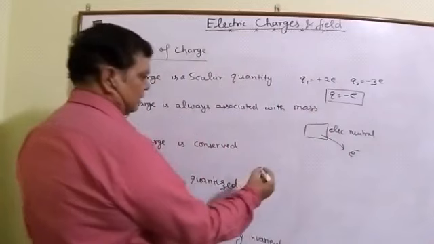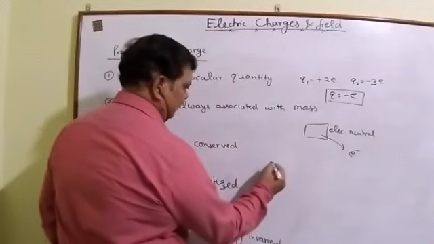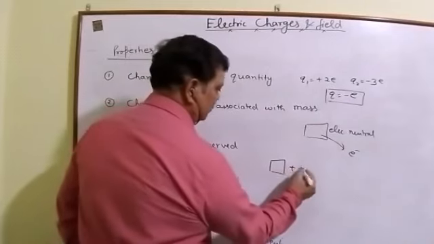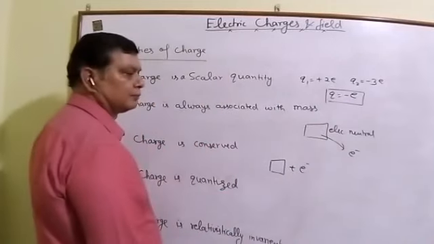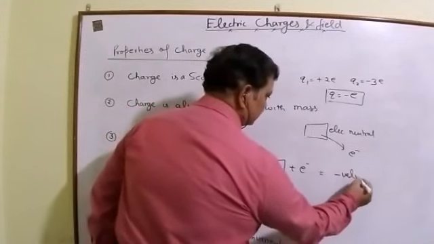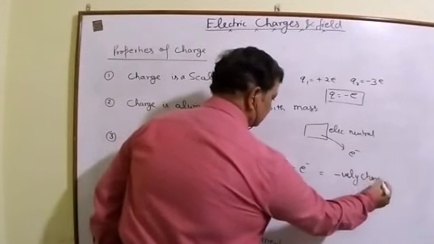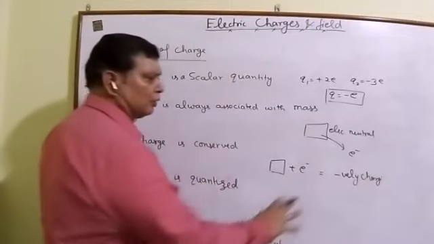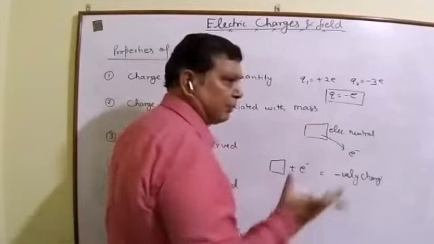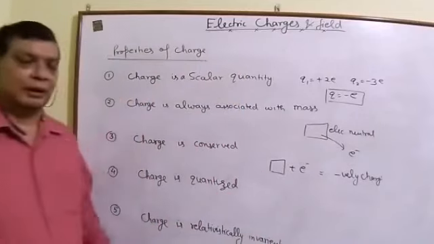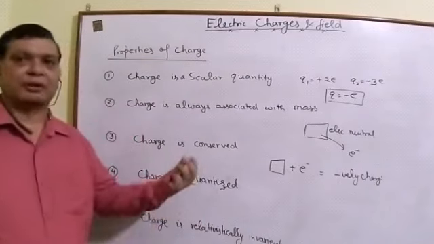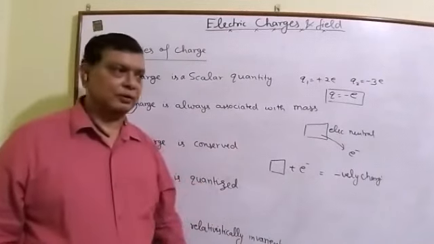Suppose it is any body and you have given some electrons to it. So it is negatively charged. So whether the charge on the body is produced? No, it has acquired charge, negative charge, just because of transference of electrons.